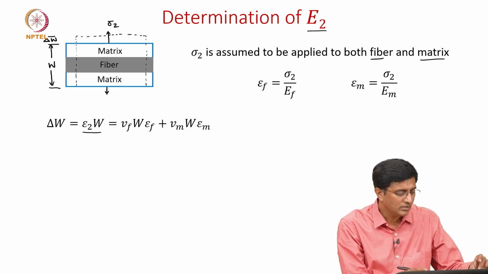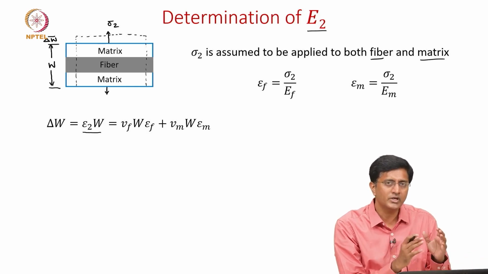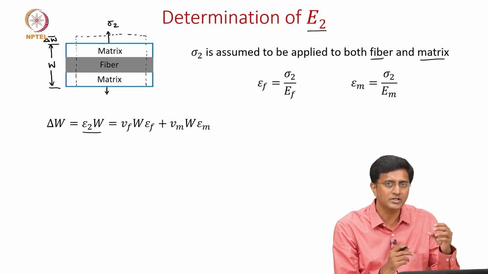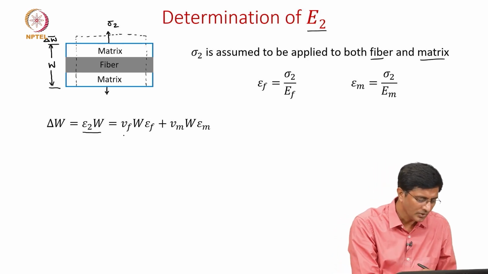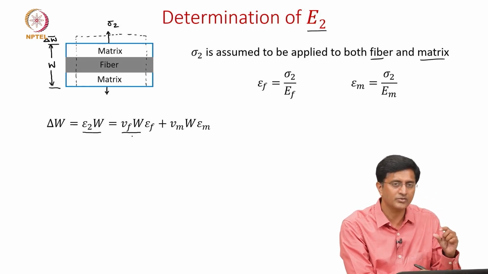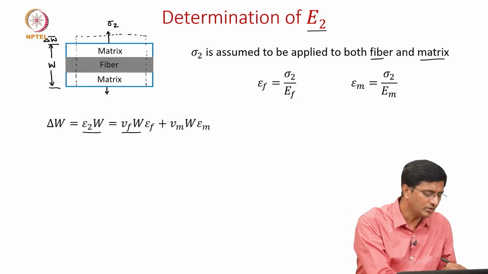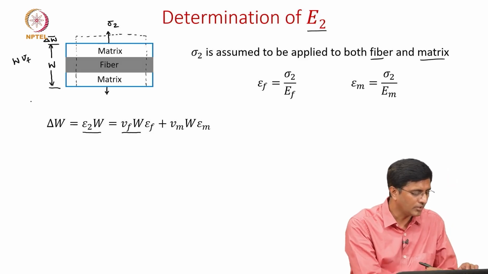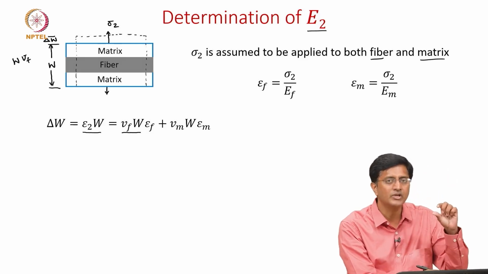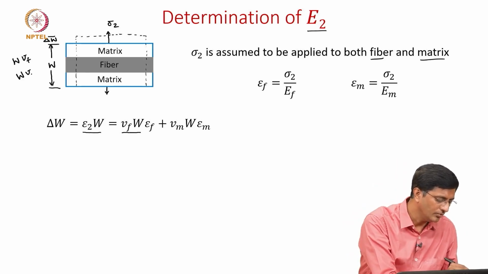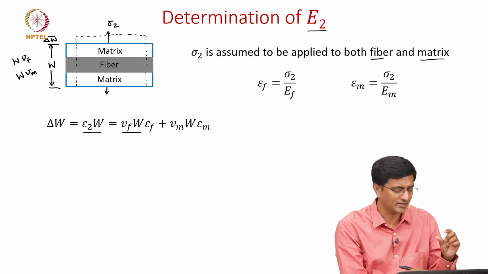Now we say that this change in the width is the summation of the change in the dimensions of the fiber plus the change in dimensions of the matrix. Here too we focus first on the actual width of the fibers. Though the total width of the composite is W, what is W times Vf? W times Vf will give you the actual width of the fibers, and W times Vm will give you the actual width of the matrix.